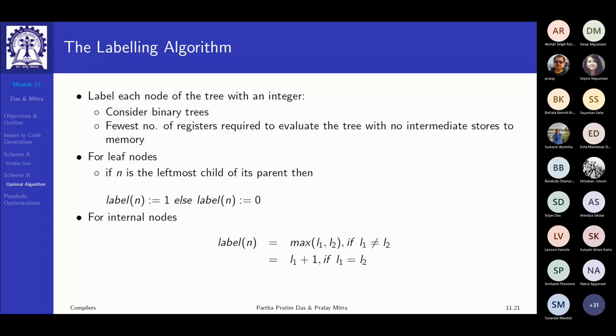So even after I have kept the result of the right subtree in one register, I would still have L2 minus 1 registers available to comfortably do my computation of the left subtree. Similar logic will apply if L1 is greater than L2. So in this case, if they're unequal, it is the max. If they're equal, then it is one more than each one of them.